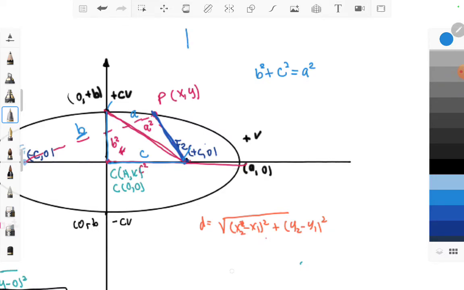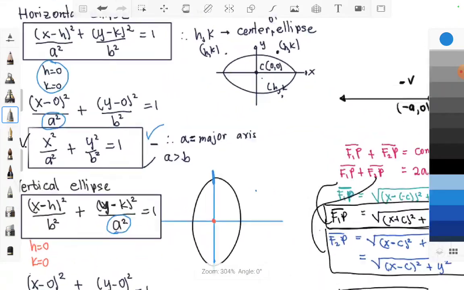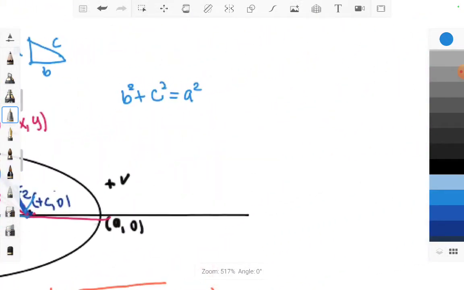Unlike the original Pythagoras, wherein we have a, b, c, in this ellipse our a is our hypotenuse and our b and c are the two legs, the adjacent and the opposite, in our figure. So therefore we have b squared plus c squared equal to a squared. Our main objective is to have this equation, so we may say that b squared is equal to a squared minus c squared.